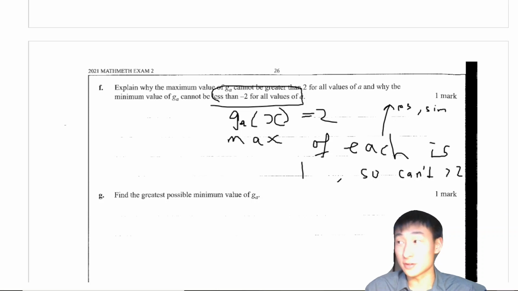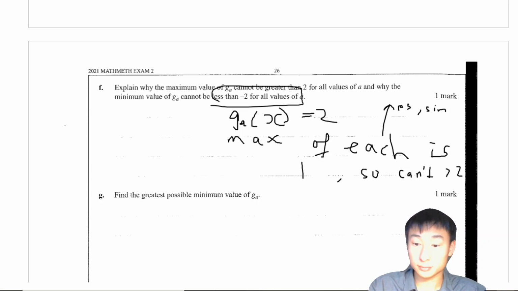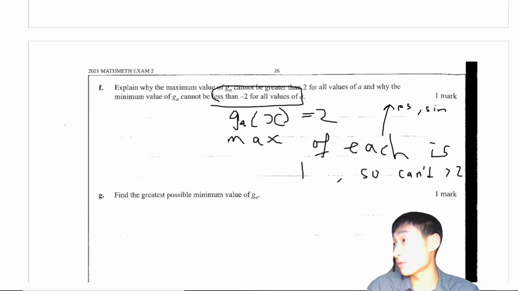Sorry, I'm not solving GA of x equals 0. I have to sub in negative 3 pi on 4 into GA of x. I get negative 1 point. Is that the same value there? Yes, it is.